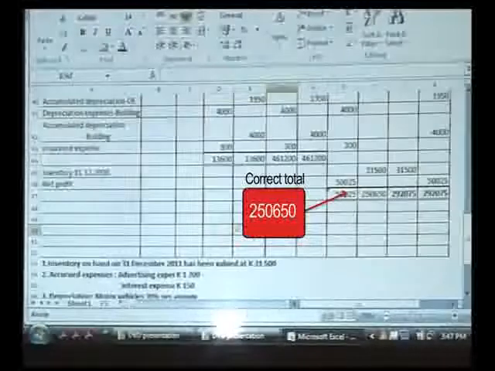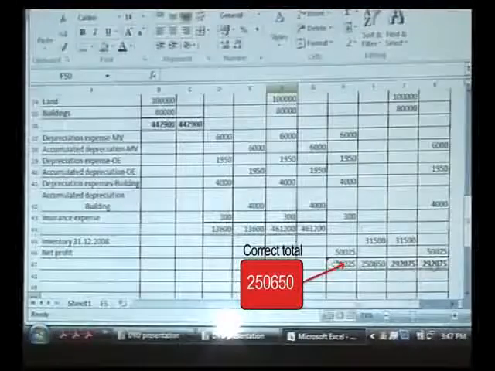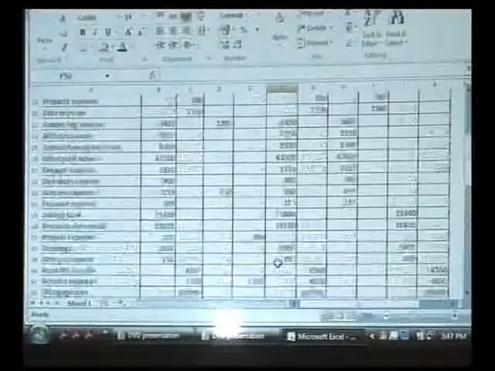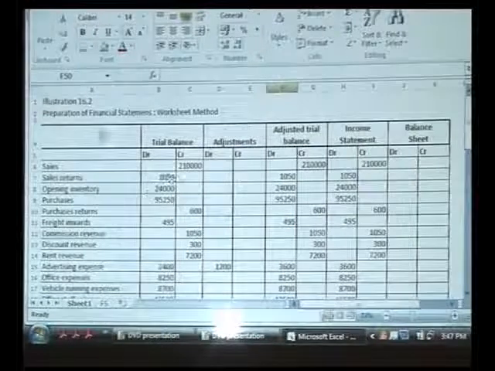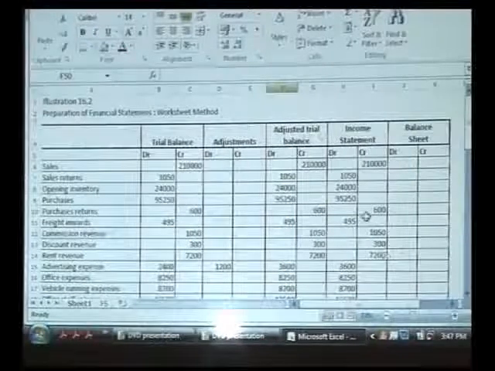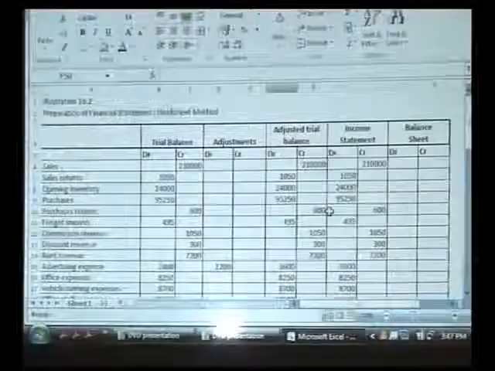Yes, for the purpose of completion, double line. So these are the totals. So this is called the worksheet method. Here only the worksheet. Now you know how to prepare the income statement.